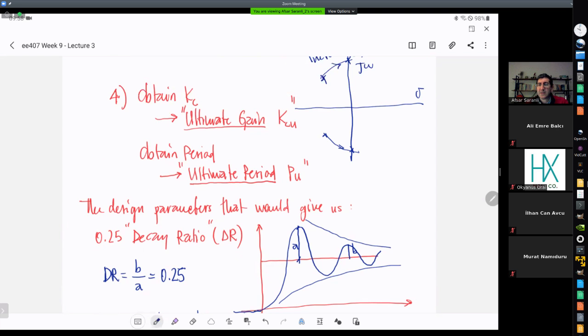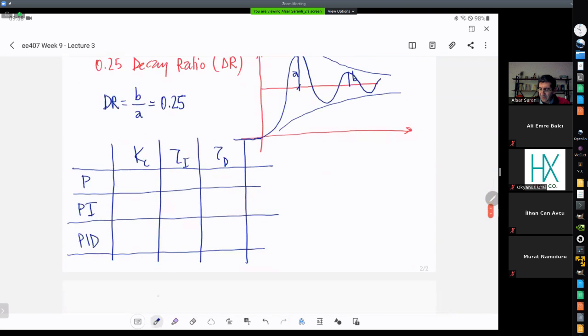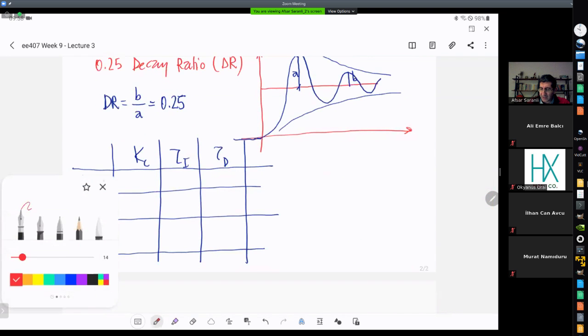Exactly, you did that without listening to what I said. What I'm telling you is that when I measure KCU and PU, I don't obtain the 25% decay ratio as shown below. The design parameters that would give us the 0.25 decay ratio are to be given right now here. Let me finish and then you ask your question again, okay?